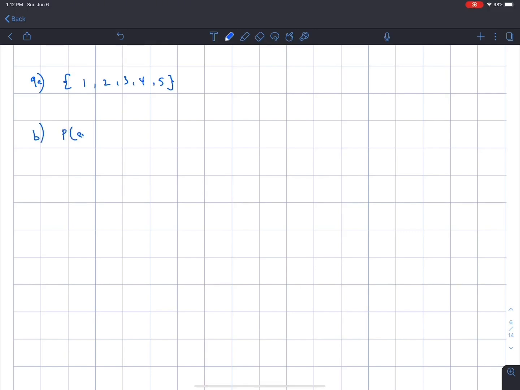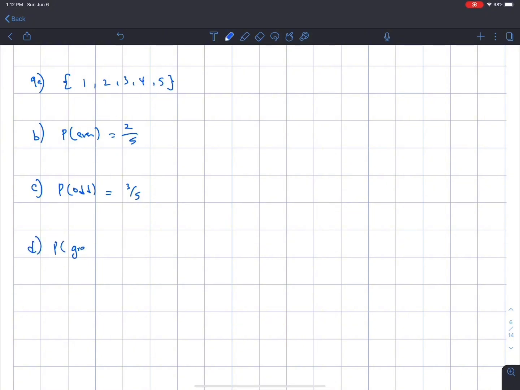Probability of an even number. We see 2 of the numbers are even, 2 and 4, and we have 5 total possible outcomes. Probability of an odd number is going to be 3 out of 5. So 1, 3, and 5 are odd out of 5 total possible outcomes.